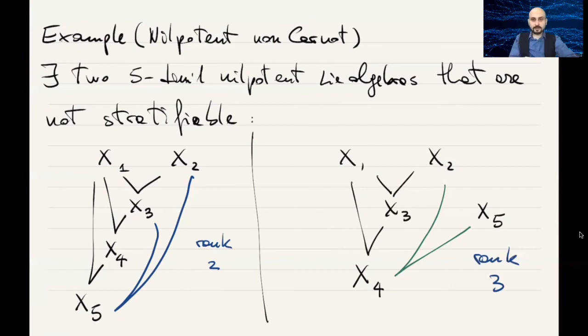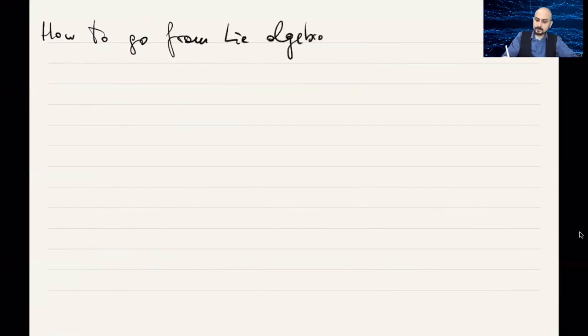Let me stress that, of course, when one gives you the information of the Lie algebra, one has given you also the information of the Lie group. How to go from the information of the Lie algebra to constructing the Lie group? The brief answer is just to use the Baker-Campbell-Hausdorff formula.